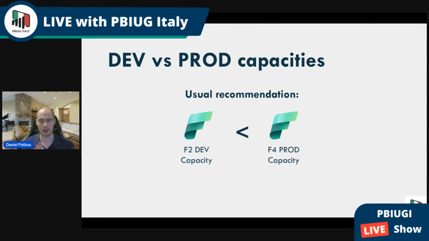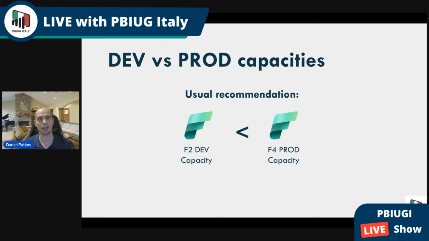In general, when working with Fabric, it is considered best practice to use separate capacities for dev and prod. As I said, you can use a pay-as-you-go model for development and test, for example, and then a reserved capacity for production.